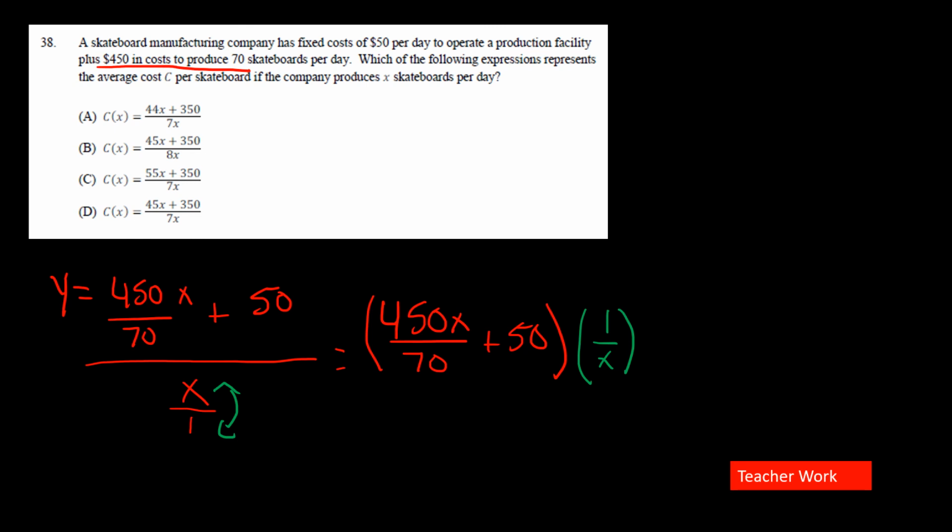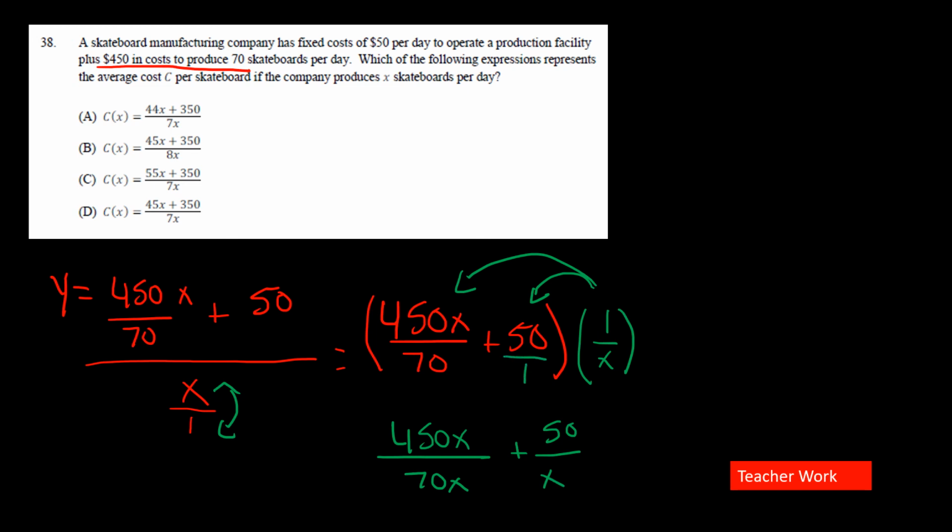When we do this, we're distributing numerator with numerator, denominator with denominator. And what we'd end up getting is 450x times 1 is just 450x over 70x plus 50 times 1 is 50 over x, because this is really 50 over 1.